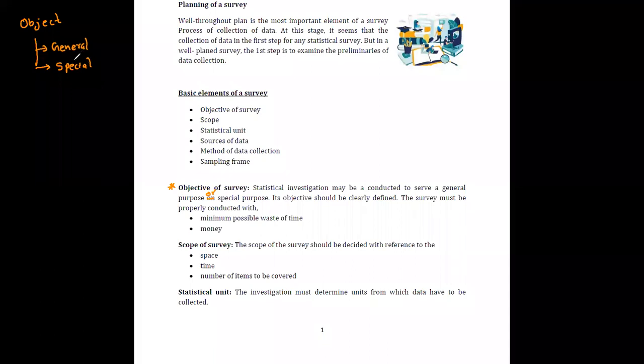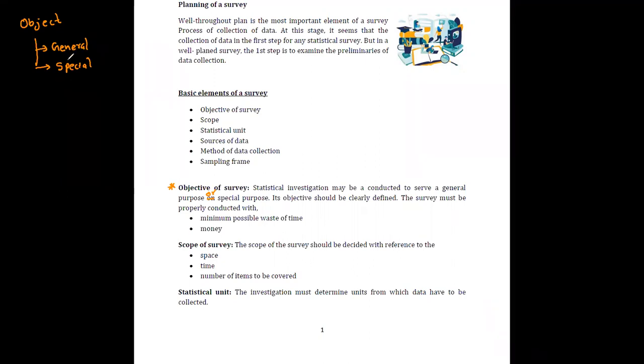Therefore, it is for a special purpose rather than just a generic value or general idea about their health. We are especially seeking the status of the COVID-19 situation.